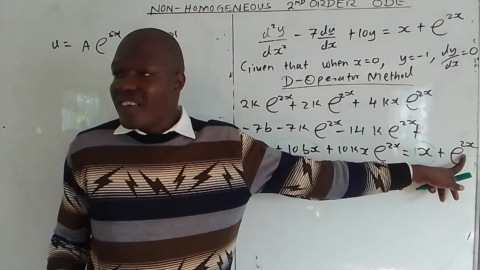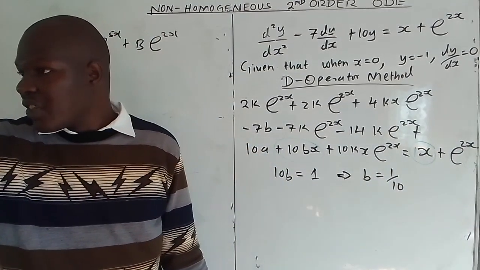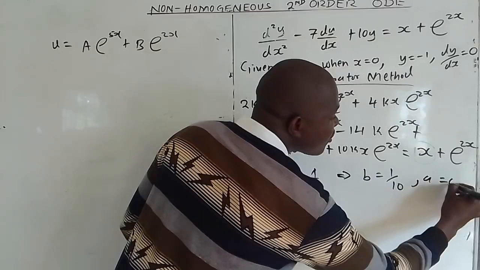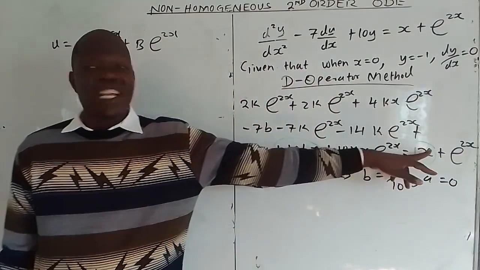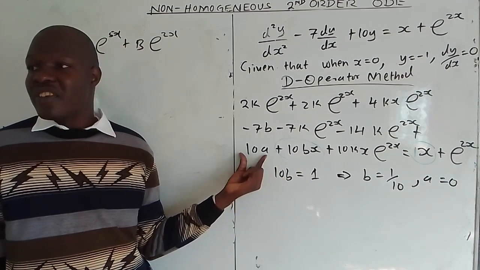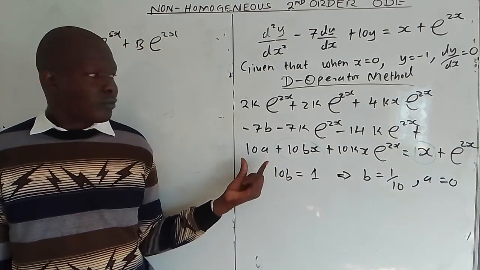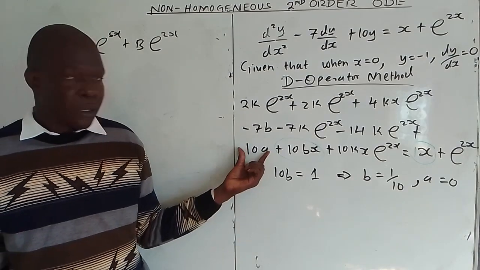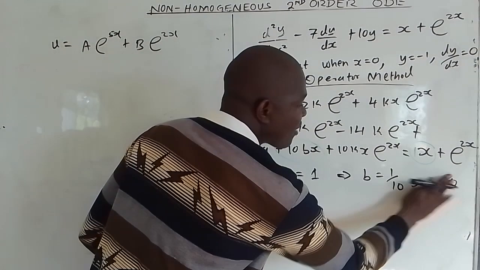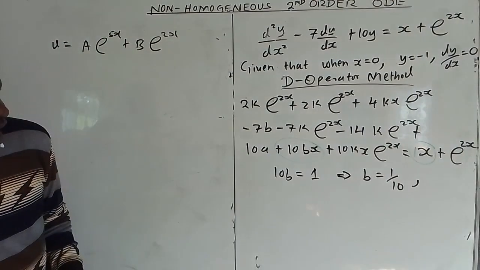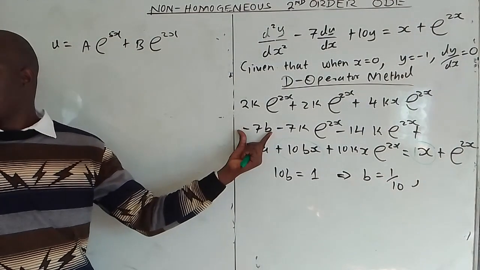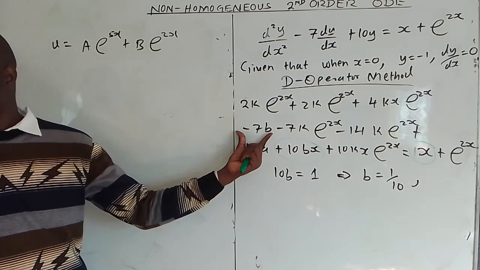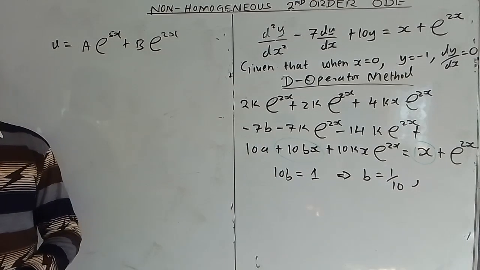Anything which is not on the other side of the equation, we are not interested in. Are you seeing that? So automatically you can see a is 0 because there is no constant term on the other side? Here if you have 10a, is this a constant term? Are we together? A is not 0. There are more than one constant term. There is another one. So what is the value of a?